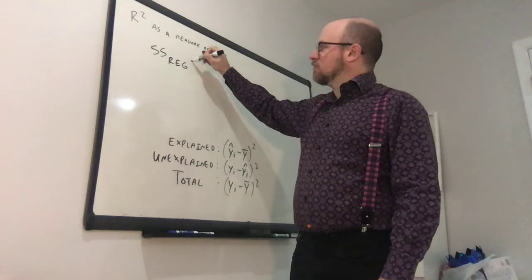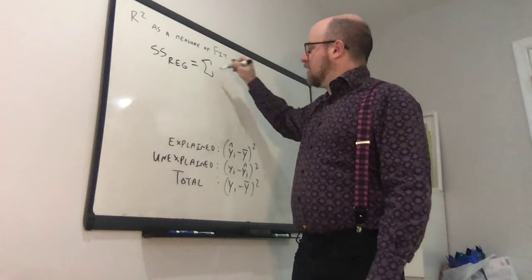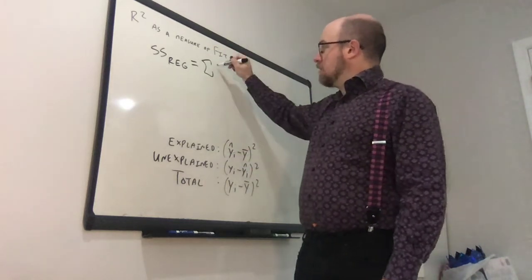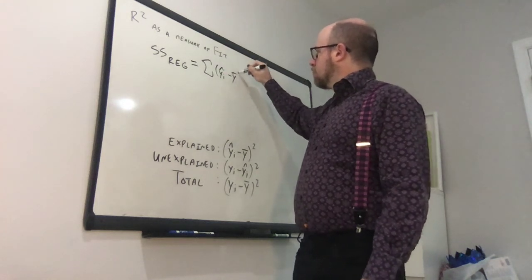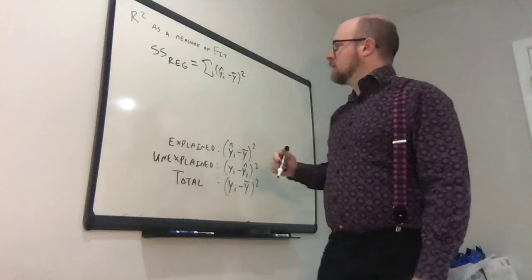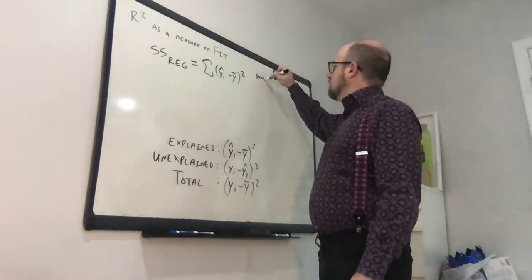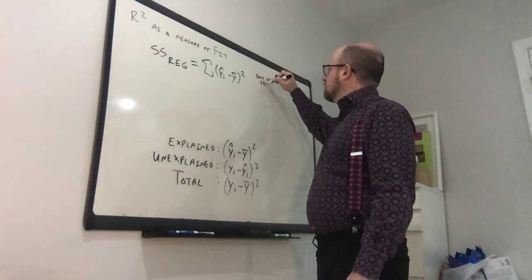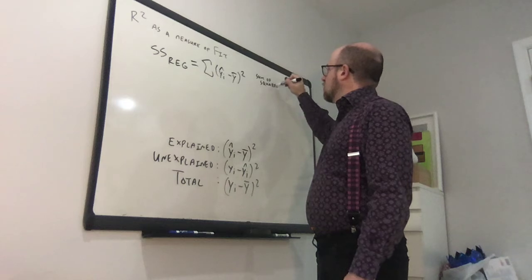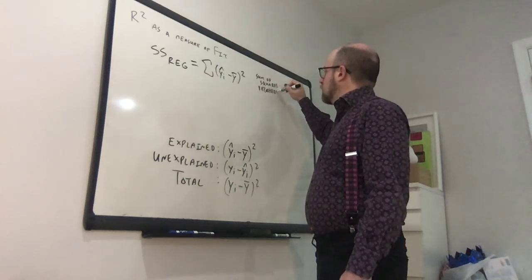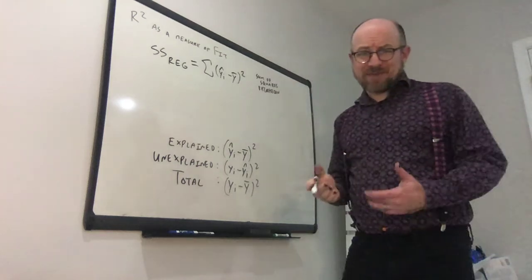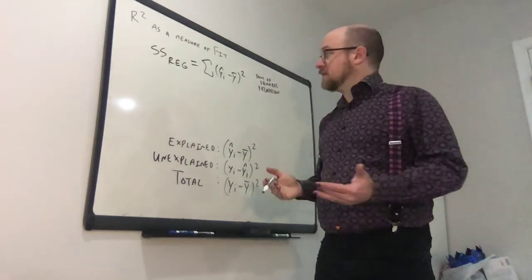So the sum of squares regression is going to be the sum of all the explained error, okay? So that's the sum of squares regression.